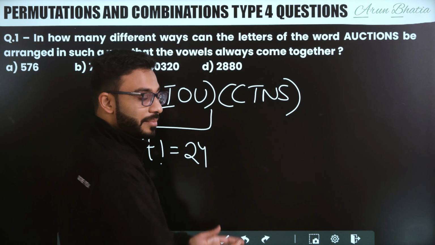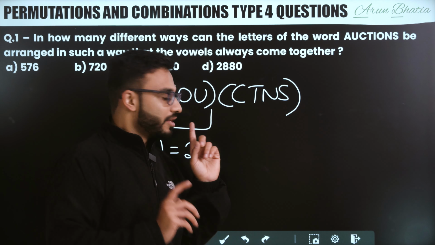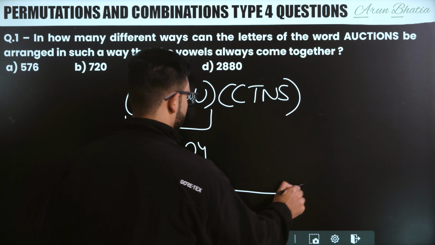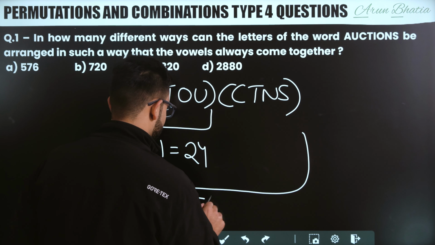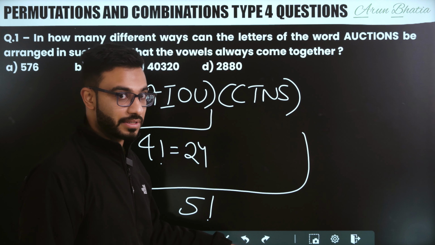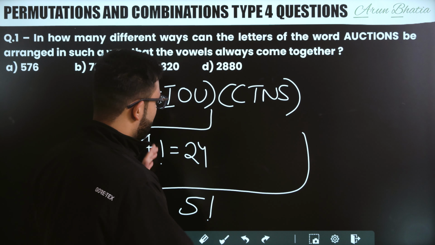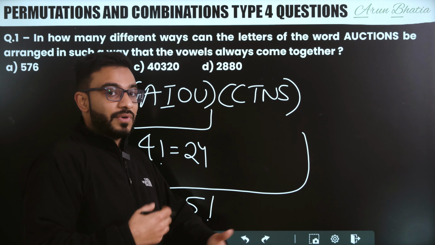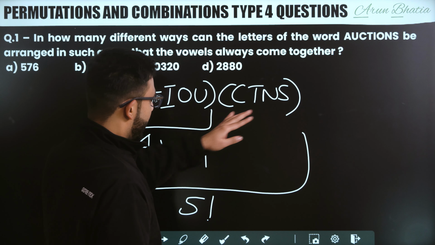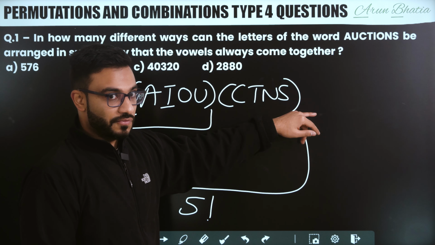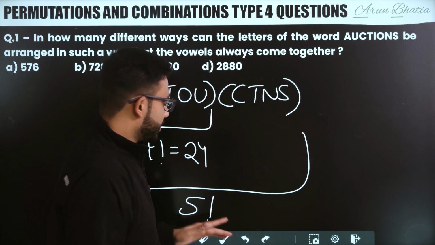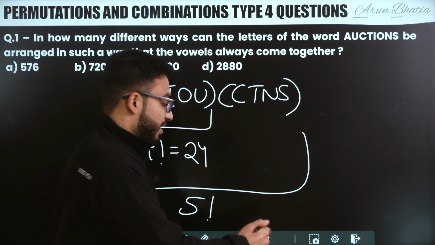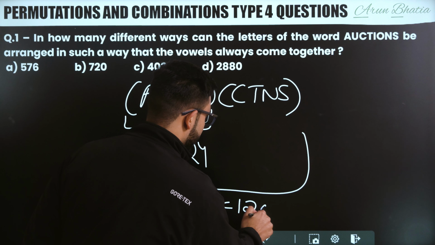So this whole vowel thing will be treated as one block plus 4 of these letters. I'll write it down here. This is 5 factorial, basically, because the vowel block is treated again as one block, and there are 4 consonant letters which are totally different, CTNS. So the entirety of this will be treated as 5 factorial, which is 120.